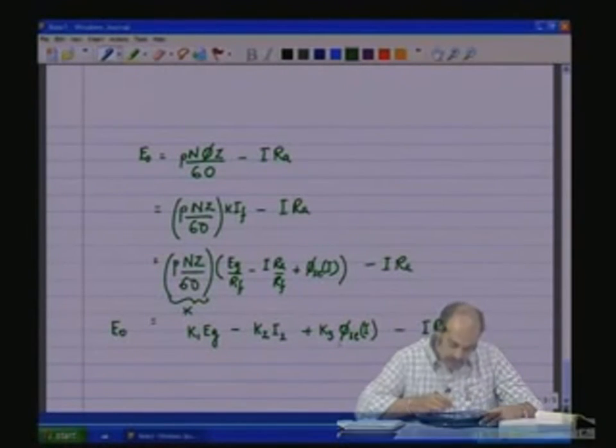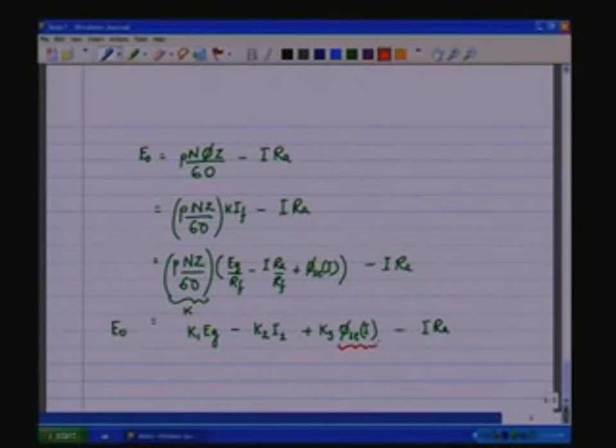Now, if we choose this such that it can take care of both the load component of the flux, shunt field flux, and the load component of the drop, then we have K1 Eg minus I into K2 plus Ra plus K3 series field, which is a function of load.